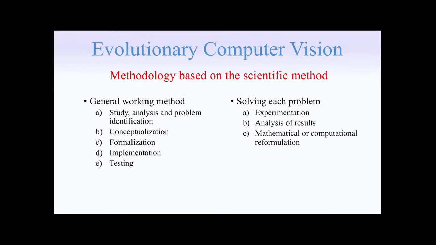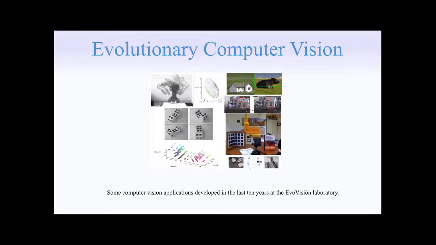The general working method consisting of 5 steps, and after identifying the main problems within the research subject, we use 3 steps for solving each problem. As can be appreciated, our approach is comprehensive, emphasizing the combination of theory and practice.